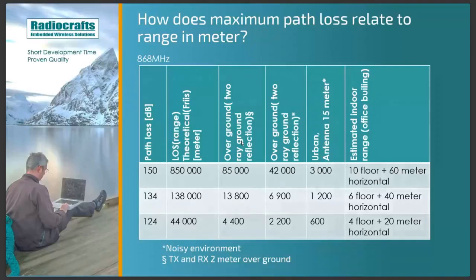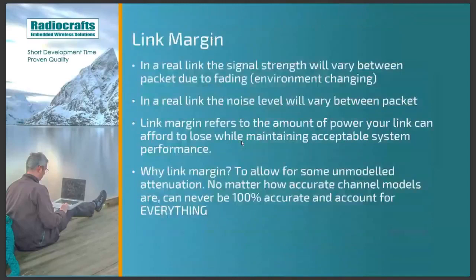Link margin is also one thing you have to take into consideration when you go into an urban or indoor environment. Because the environment is changing, the signal strength will vary between different packets.